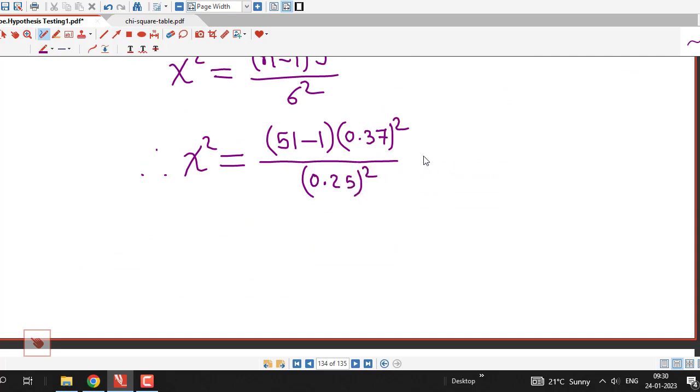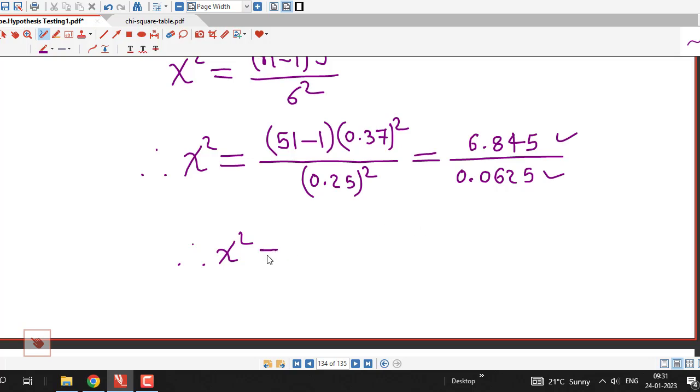I have used my scientific calculator, and this numerator becomes 50 times square of 0.37, and that turns out to be 6.845, and square of 0.25 is 0.0625, and if I take division of these two quantities, I obtain the value of test statistic as 109.52.